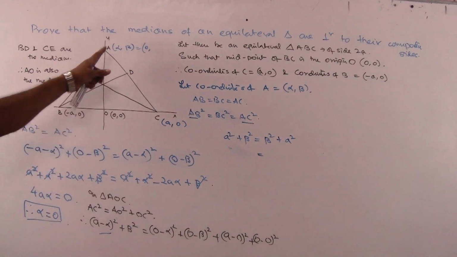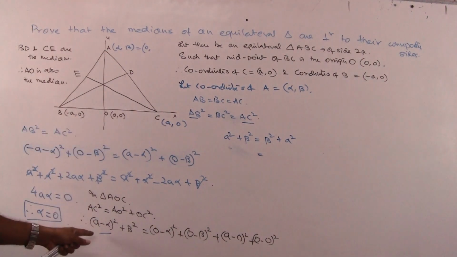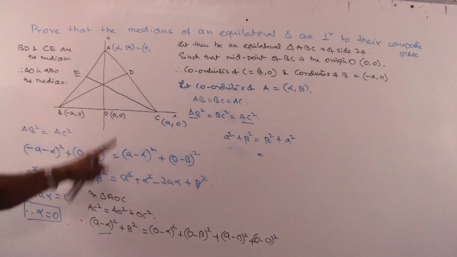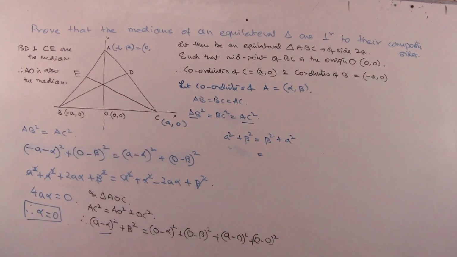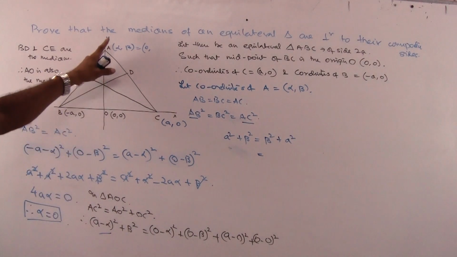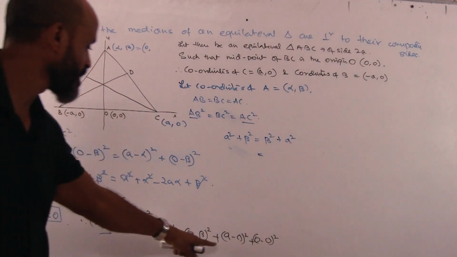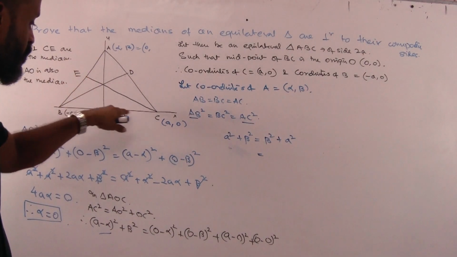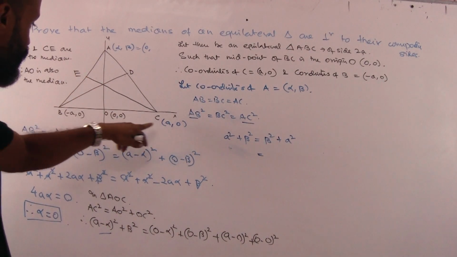AC square will be A minus alpha square plus 0 minus beta square. Okay, this will be 0 minus alpha square plus 0 minus beta square, that is AO square, and OC square will be A minus 0 square plus 0 square.